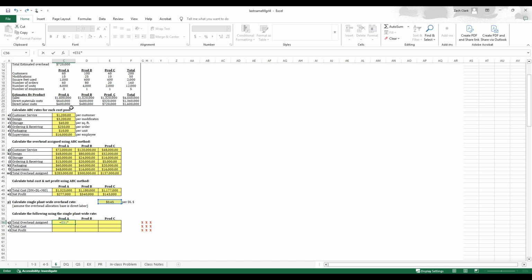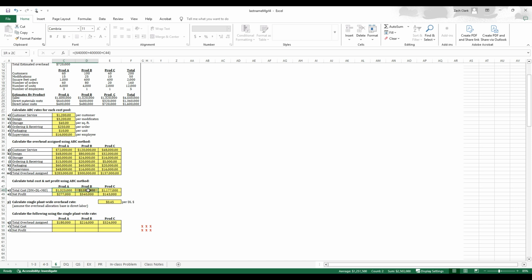And we're going to say product A has 400,000 direct labor. That doesn't really work to drag across because it starts going out there. So let's just do it this way. So 45 cents times 480,000. And finally, 45 cents times direct labor dollars for product C, which is 720,000.